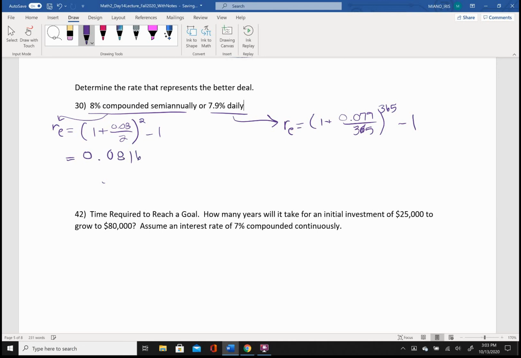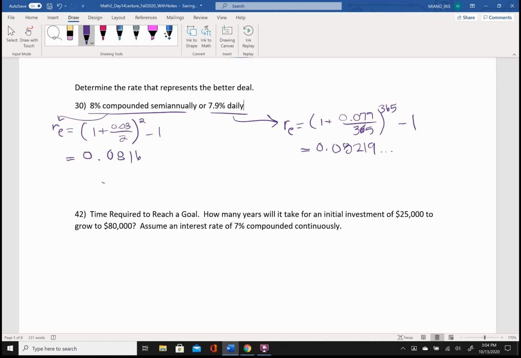0.0816, okay, for this answer. And the resulting answer here is going to be 0.08219... We have enough significant figures to make an adequate comparison. So which one is better? Let's say that this rate is something that you want to be higher.